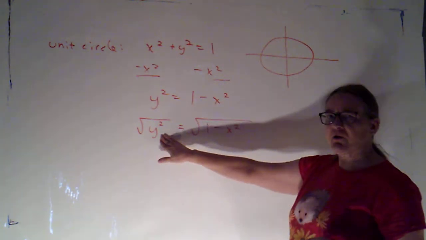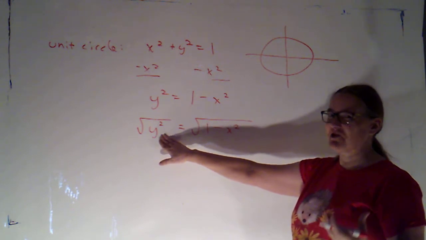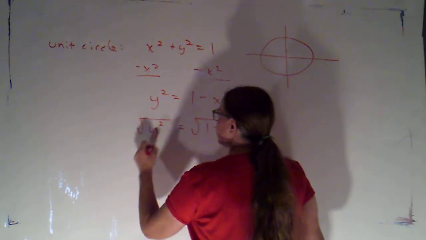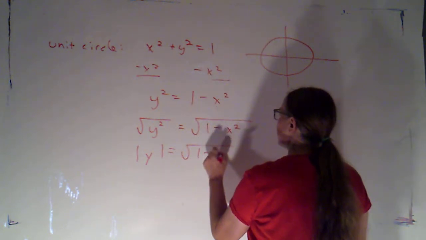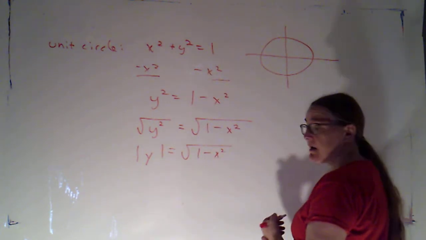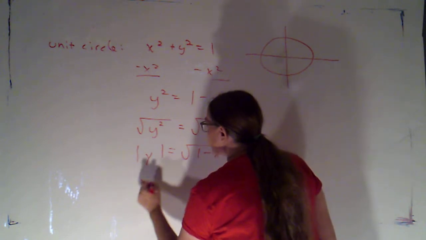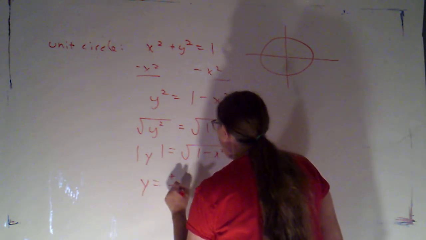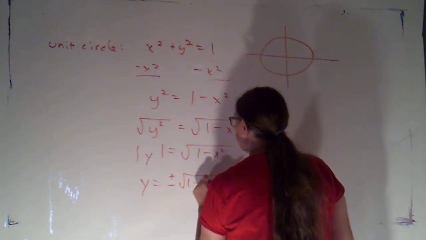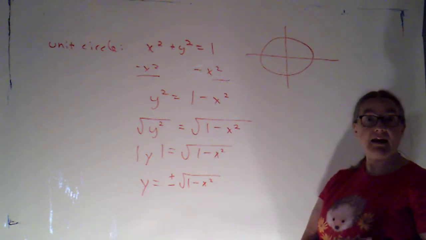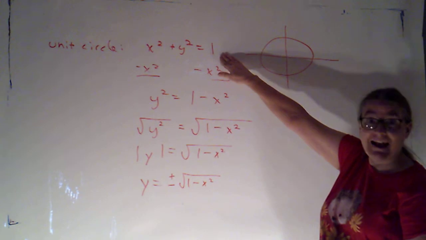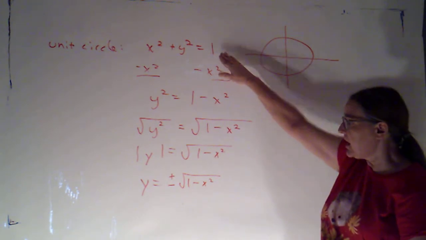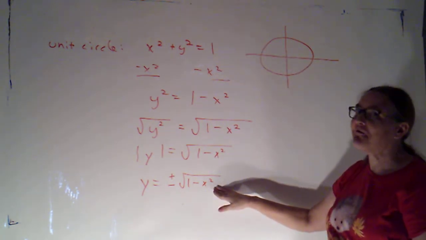But the square root of y squared isn't just y. That's the absolute value of y, which would be the square root of 1 minus x squared, which would mean I have two options. y could be plus or minus the square root of 1 minus x squared. So this equation did not describe a function. It was actually two functions.